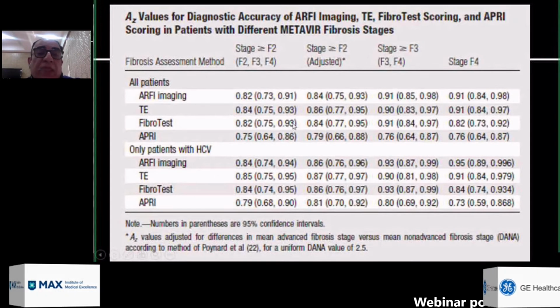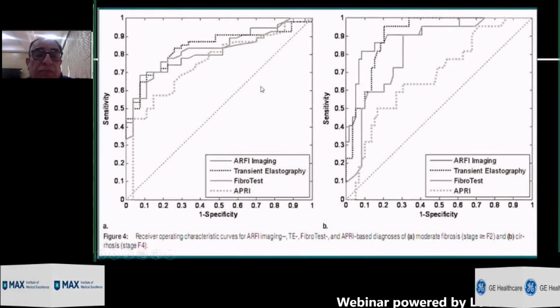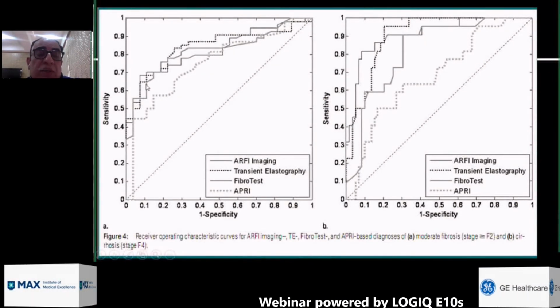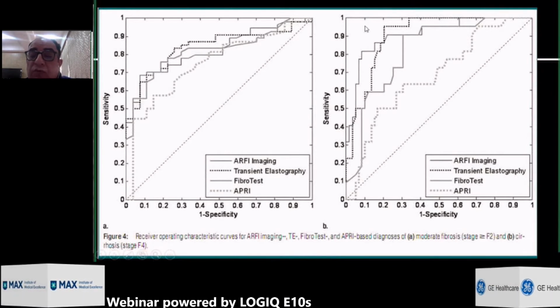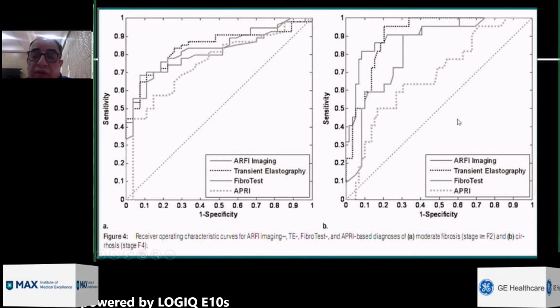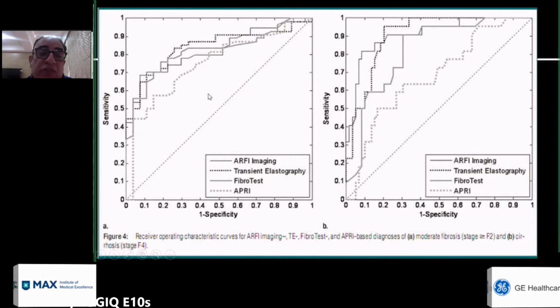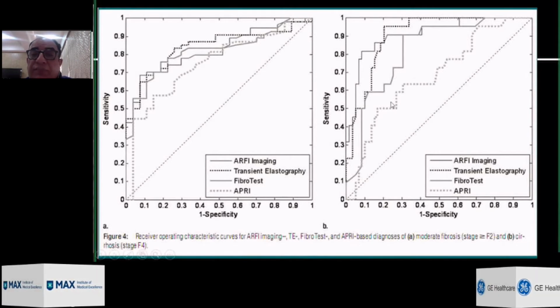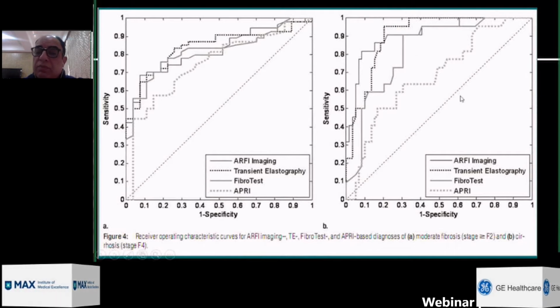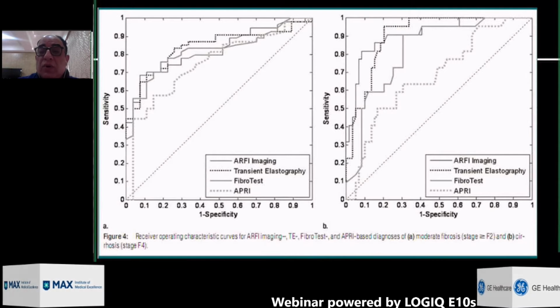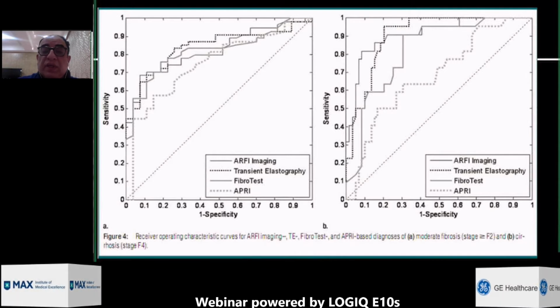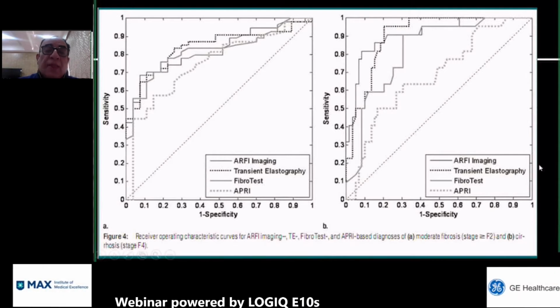But if you see the area under the curve, in most articles, RFE is scoring over, especially if you're dealing with moderate fibrosis. And I think we heard in the previous talk that in extremes, transient elastography is good, but when you're dealing with mild to moderate fibrosis, where you really want to see for long-term follow-up, then RFE is scoring a little bit over there.